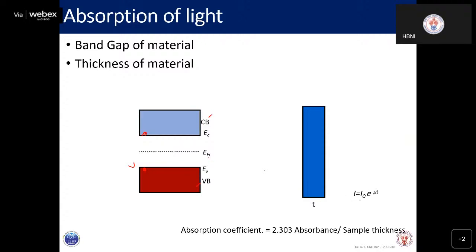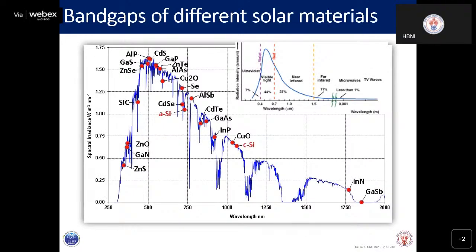The formula is like this: if I0 is the intensity here, then the intensity at this point is I0 e raised to the power minus mu t, where t is the thickness and mu is the linear absorption coefficient.